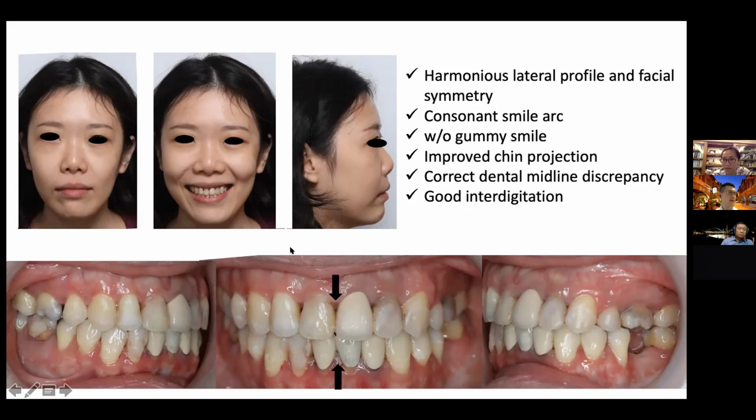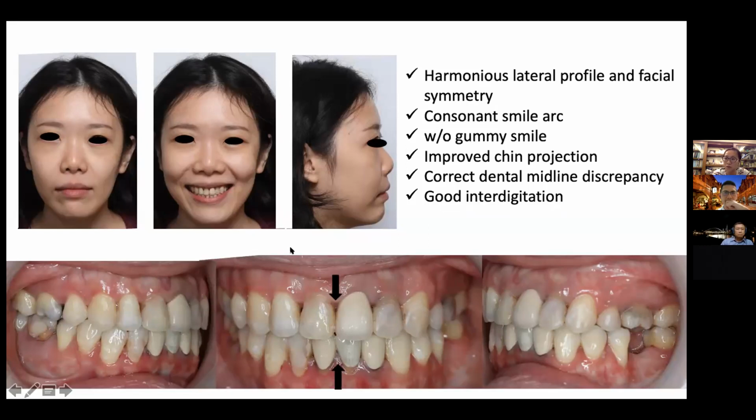For example, in facial asymmetry cases, how much symmetry can we achieve? Sometimes the mandibular border is different, and the volume of the soft tissue is also different. So in some very severe cases, we might not be able to achieve 100% symmetry after OGS, maybe 80 to 90%.